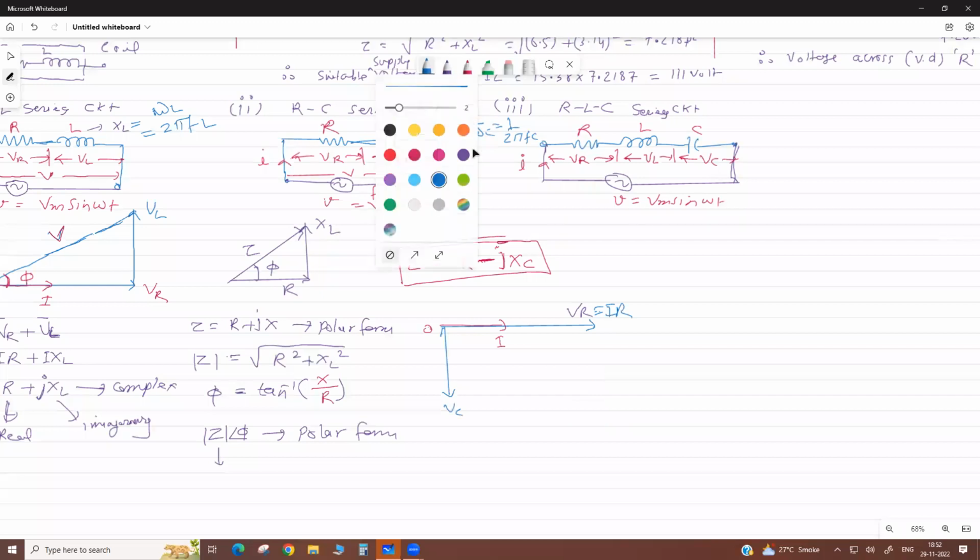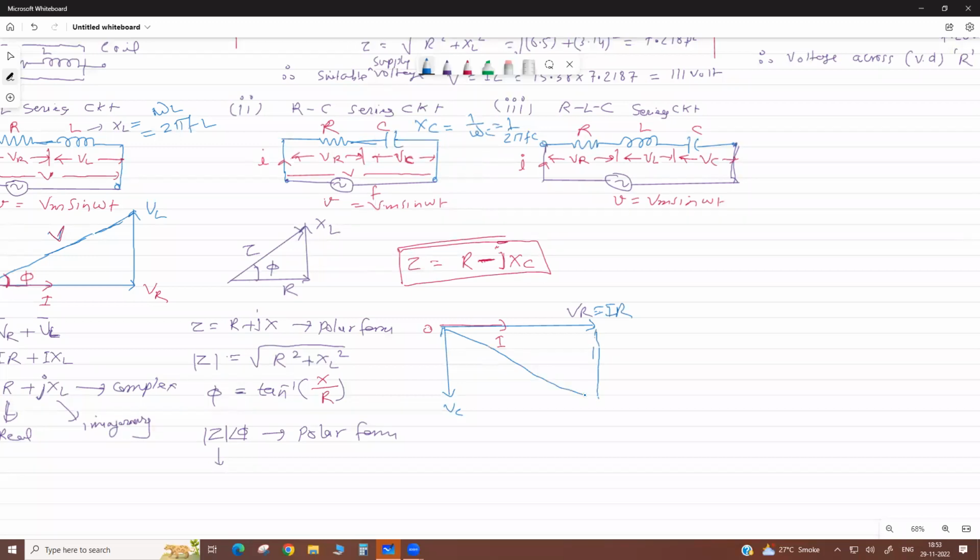The vector sum of these two voltages will give you this, your total source voltage.